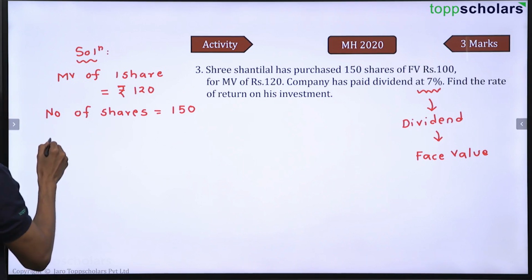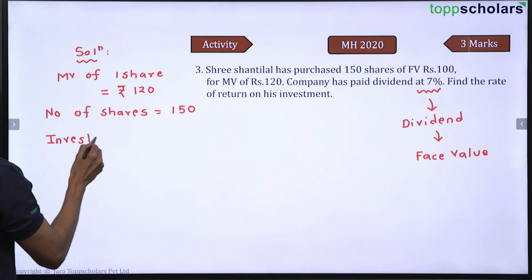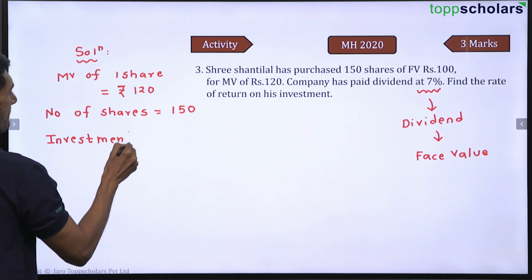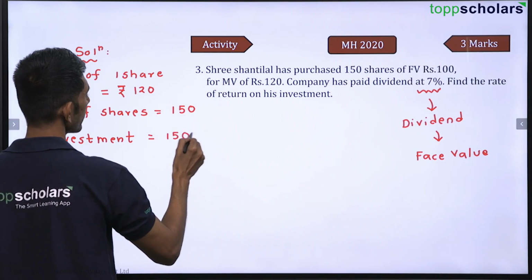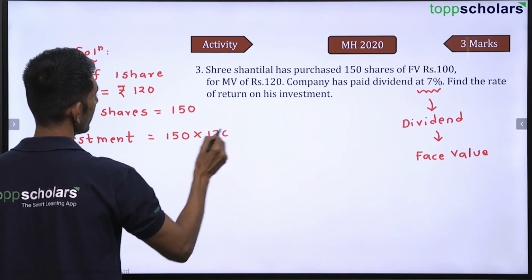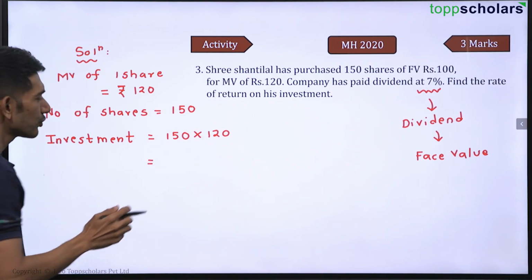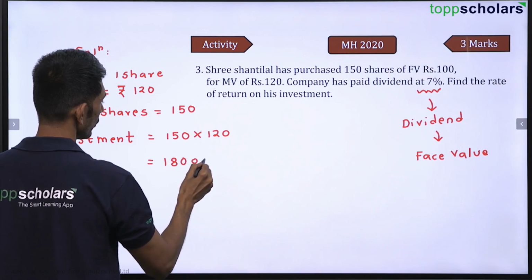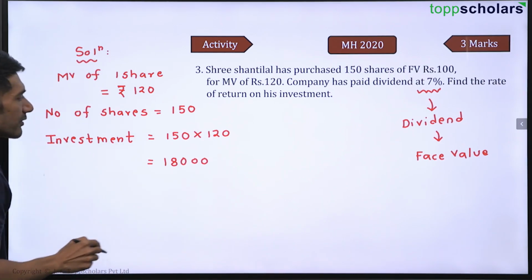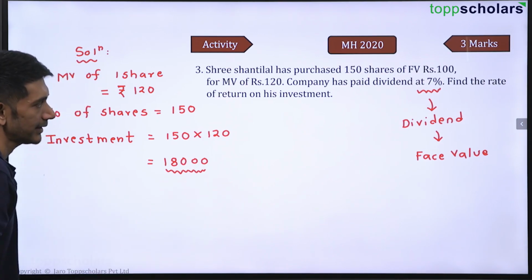So what is the investment? Total investment is equal to 150 multiplied by 120. Can I say 15 12s is 180, and then 0, 0. So 18,000 rupees is the total investment done by Shri Shanti Lal, right?